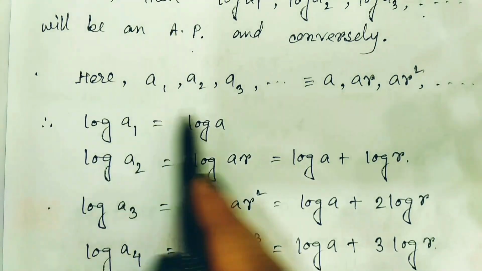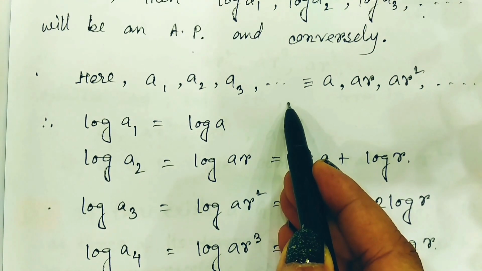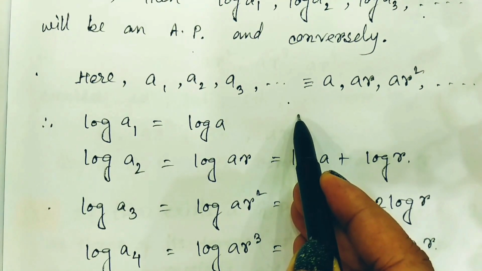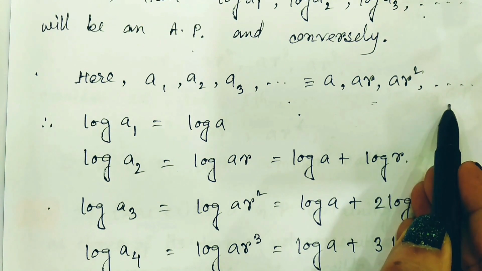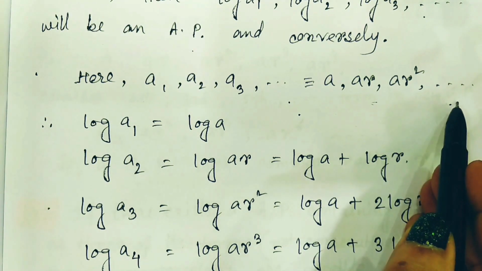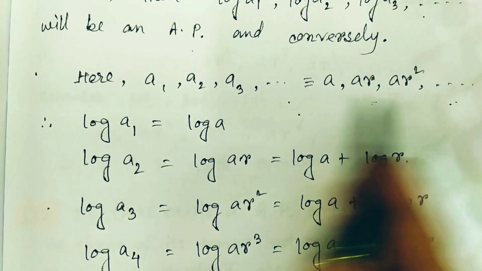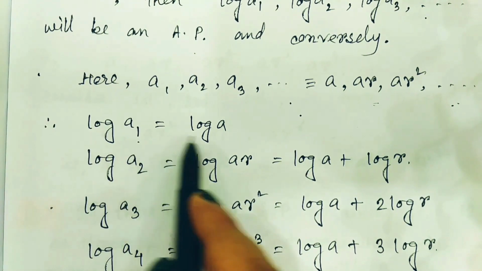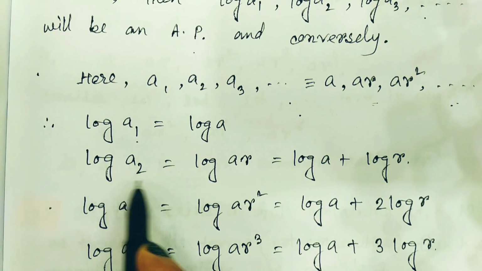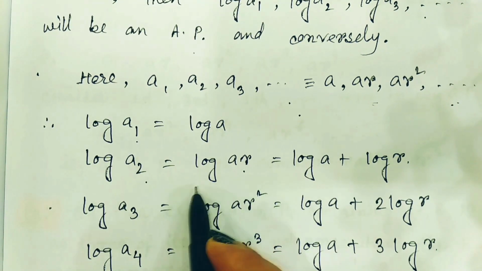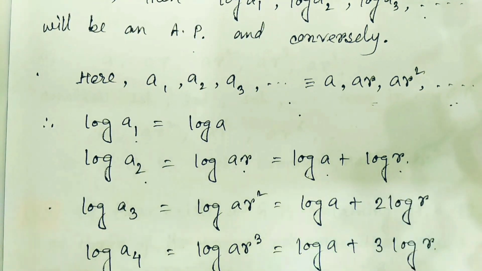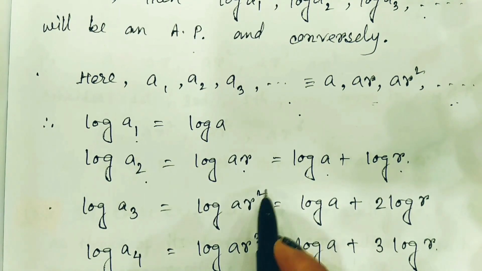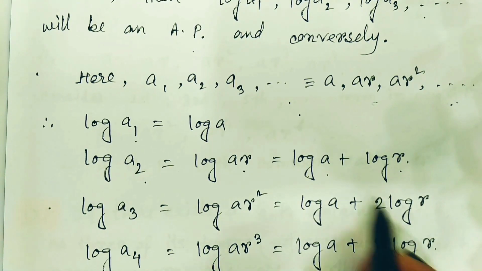So for that, if this one is the general terms of a GP sequence, then its terms we can write as a, ar, ar square, in this way. Now if we take log on all those terms, then for the first term, log a1 is log a. For the second term, log a2 is equal to log ar, which we can write as log a plus log r. Likewise, log a3 is log ar square, which we can write as log a plus 2 log r.